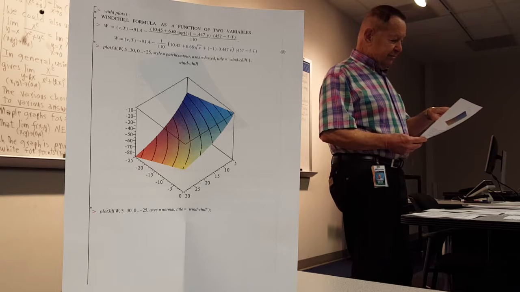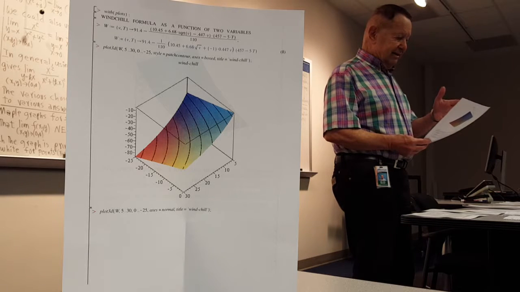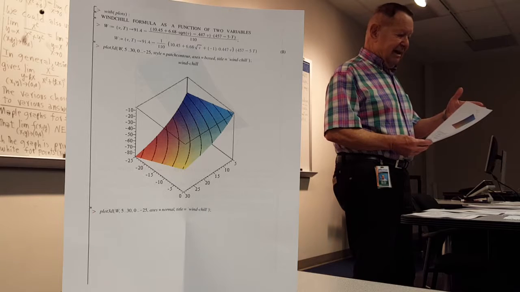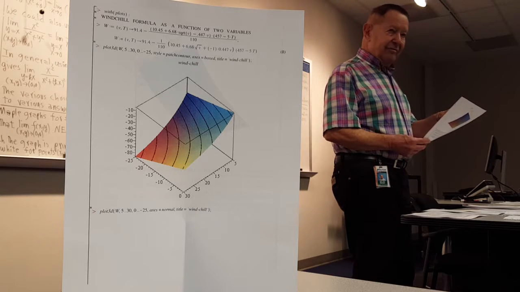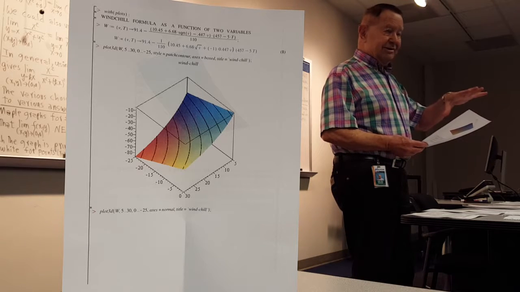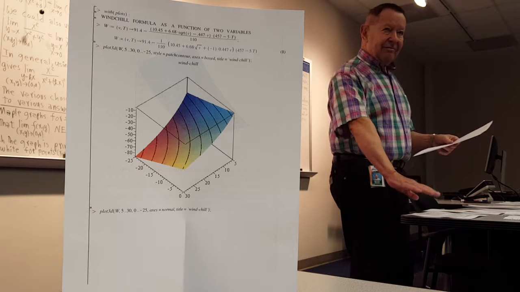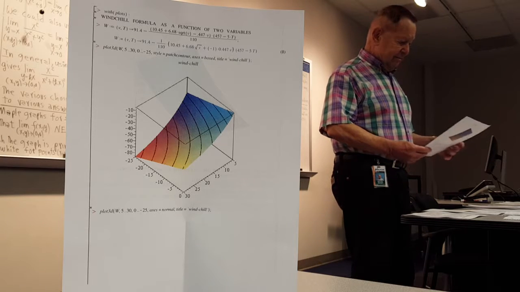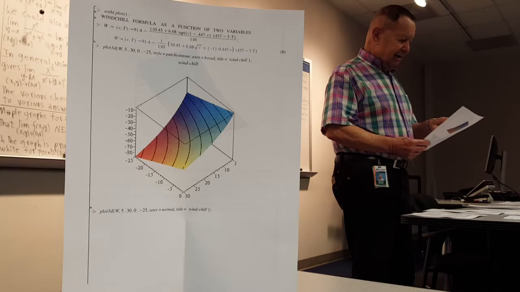So you have your colon equal, so you're defining this function by the name capital W, and then your variables, and then you make the arrow, so that's the minus sign and the angle bracket on the bottom of the keyboard. And then you put in your numbers, whatever they are, as a formula.